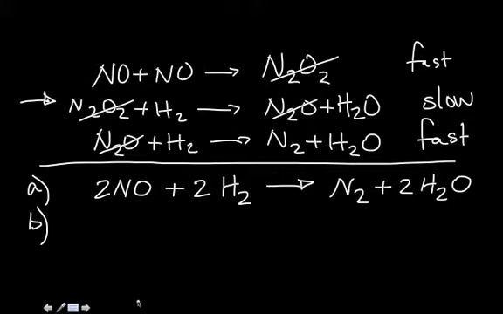Now let's have a look at the question for part B. It says identify the intermediates in the reaction and justify your answer.